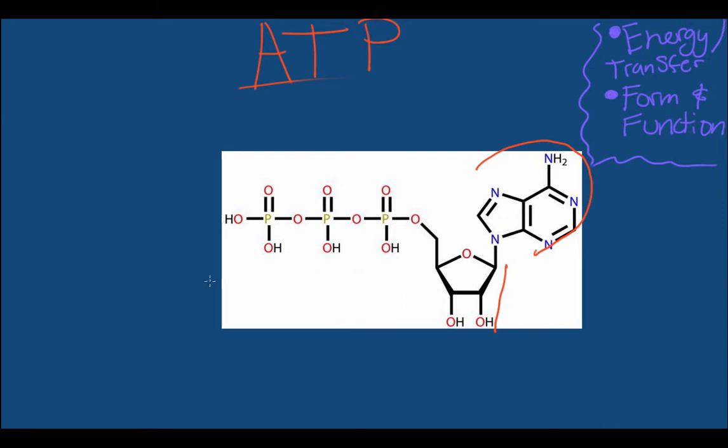So how ATP works, and we'll go into a specific example in a minute, is when this molecule comes into contact with another, it will donate this 3rd phosphate group here. This 3rd phosphate group will break off, leaving us with the same base, the same sugar, but 2 phosphates instead. That's where we get the term ADP, which stands for adenosine diphosphate rather than triphosphate.